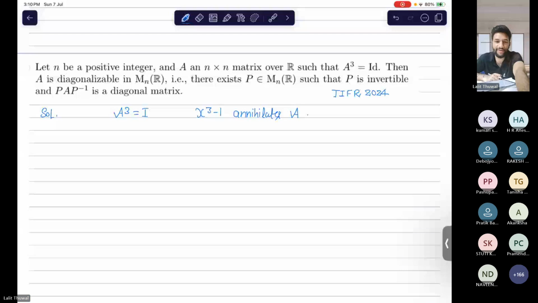False, right? Okay, Deepika, I would answer your question. Yeah, false. Why is it false?